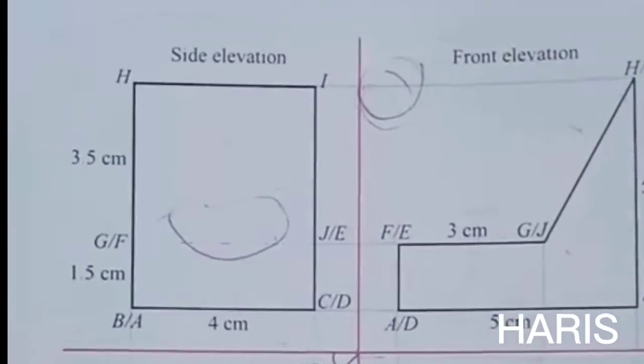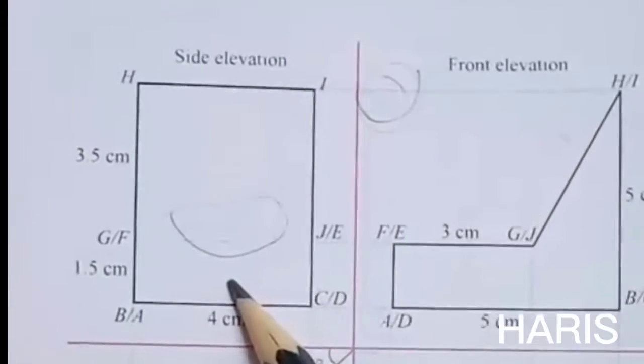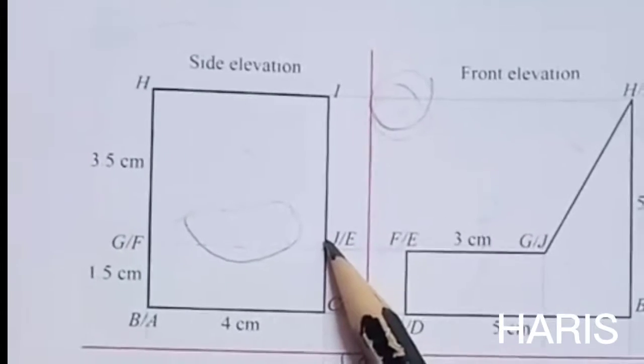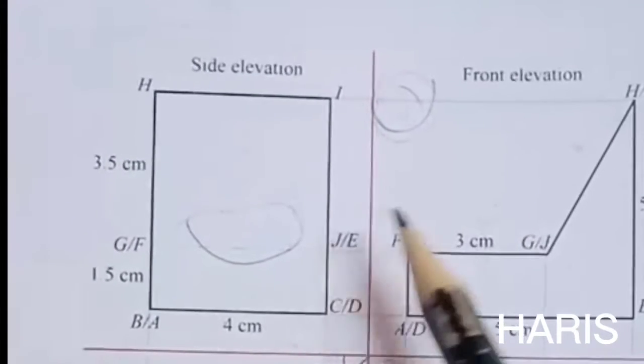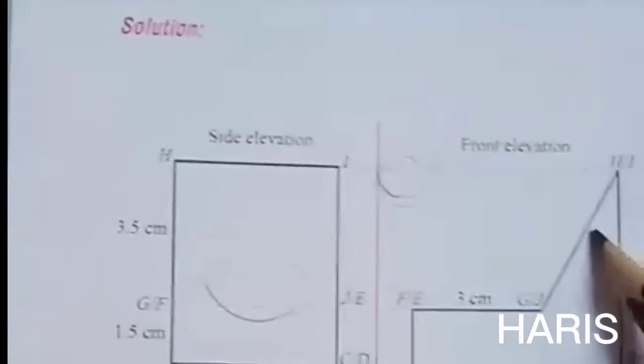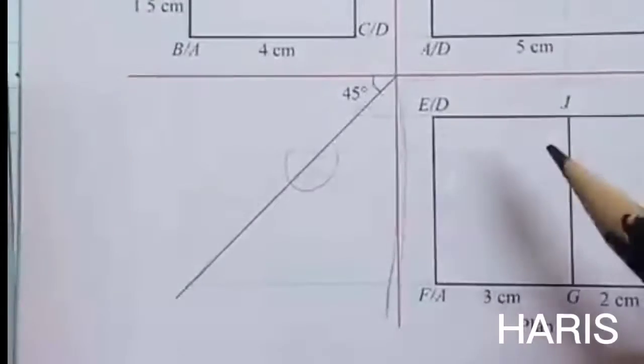First, the direction of side elevation is from right to left. Thus, the position of the side elevation is in the second quadrant. This is second quadrant, first quadrant, third quadrant, fourth quadrant.